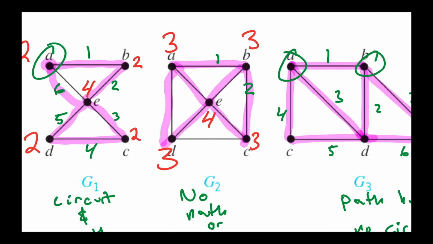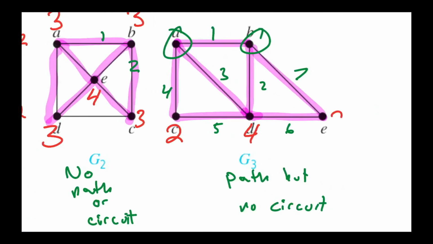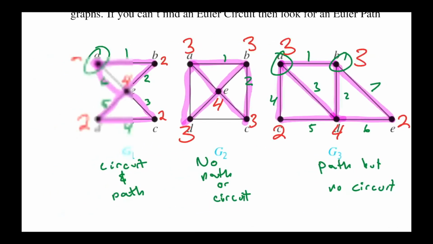And if you look at this case, we've got 2, 2, 3, 4, 4, 2, 3, 3. What you want to notice here is this. In the case where there was a circuit and a path, we had all even numbers for the degrees. In the case where there was no circuit or path, we had a bunch of odd numbers.